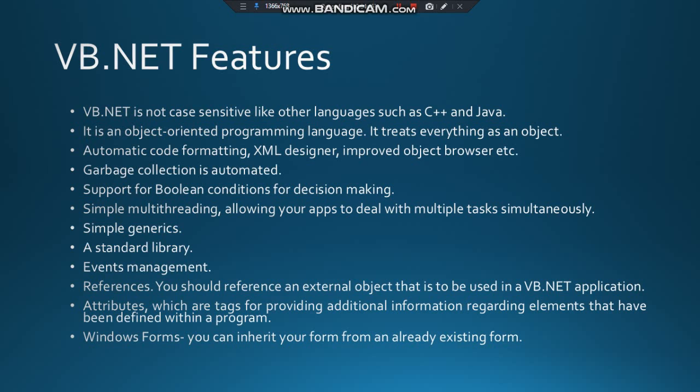It has simple generics. It has a standard library. It has events management. It has references, that is, you can reference an external object that is to be used in a VB.NET application. It has attributes, which are tags for providing additional information regarding elements that have been defined within the program, and then it has Windows Forms, which you can inherit from an already existing form.